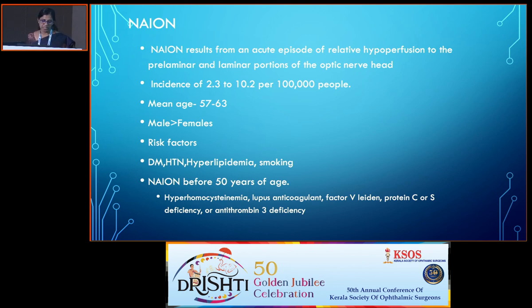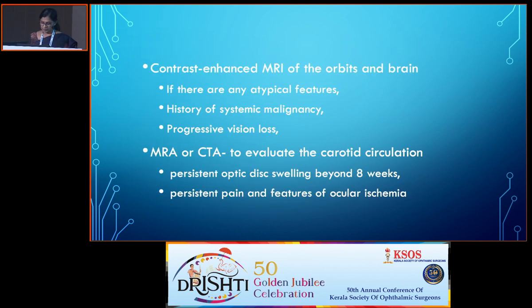Here again, management is managing the risk factors. If the patient is young, less than 50 years, we have to investigate for hyperhomocysteinemia, protein C or S deficiency, or antithrombin 3 deficiency.